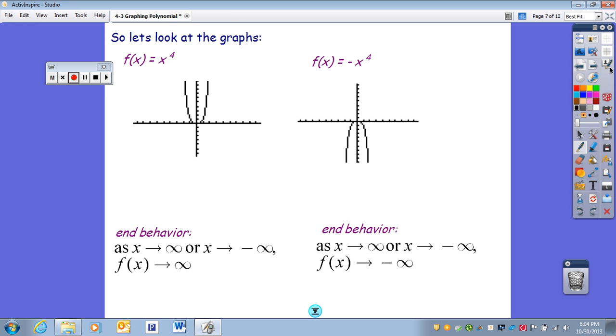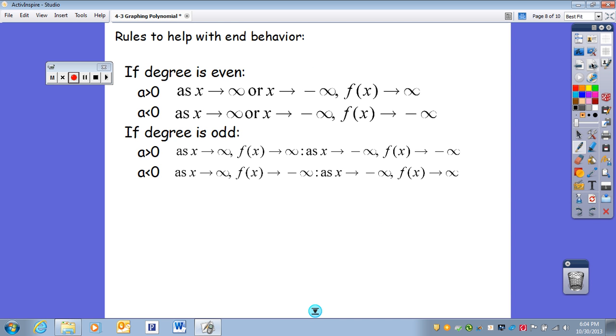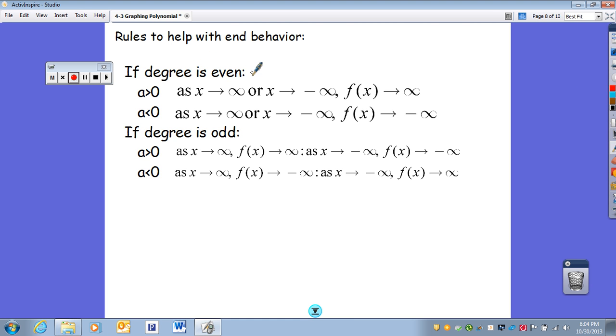I do have some hints for you that could be helpful when you are talking about end behaviors. If the degree of the polynomial is even, which means it's an x squared, an x to the 4th, x to the 6th, x to the 8th, and your leading coefficient is greater than 0, meaning that it's positive, then for both the x values going to positive or negative infinity, your graph will be going up, with the y value or f of x going to positive infinity.